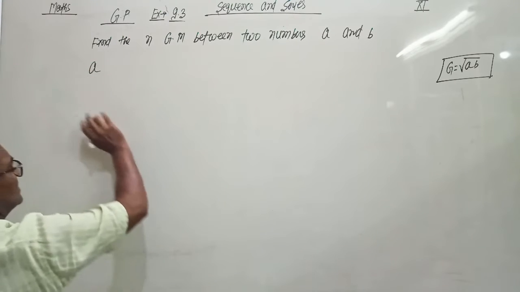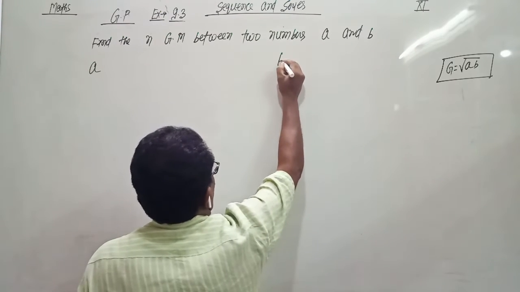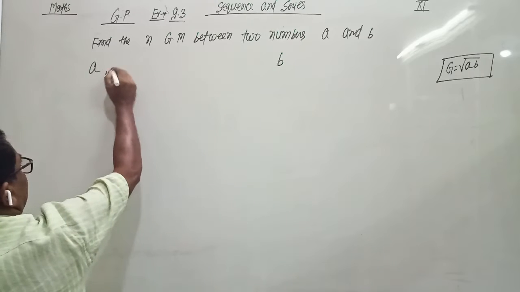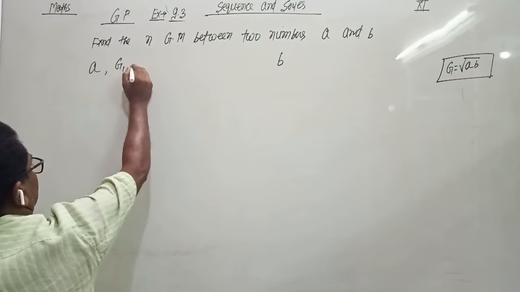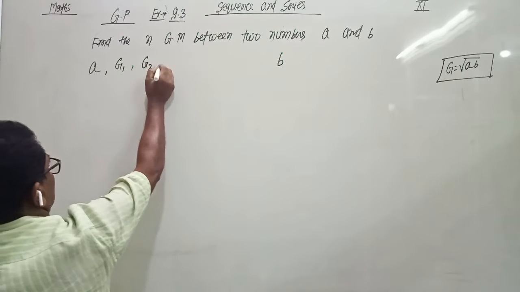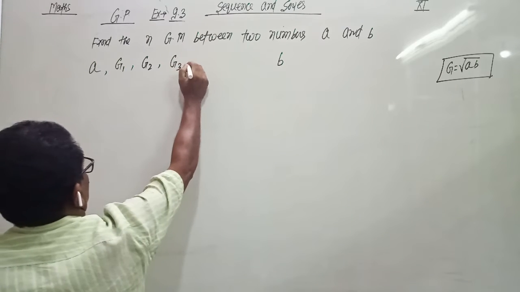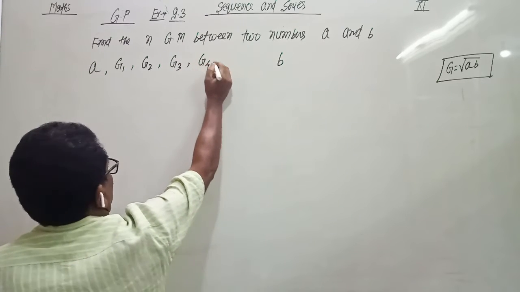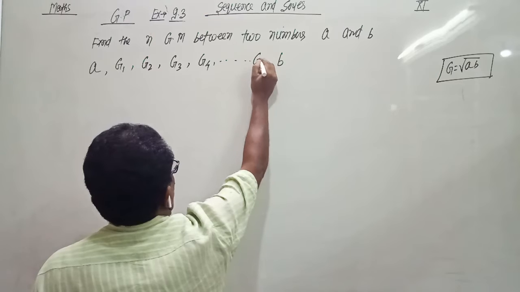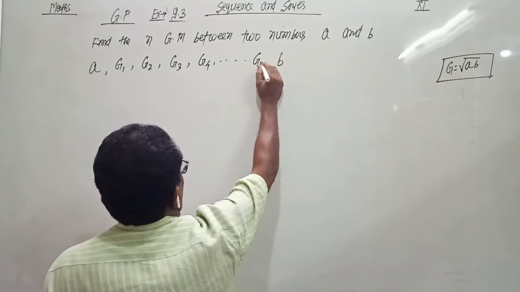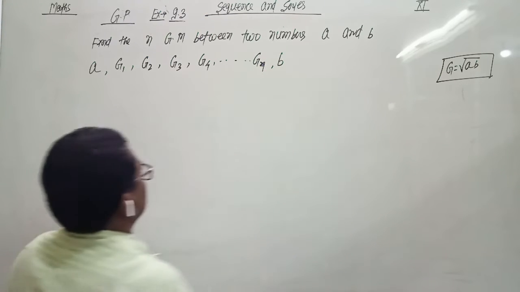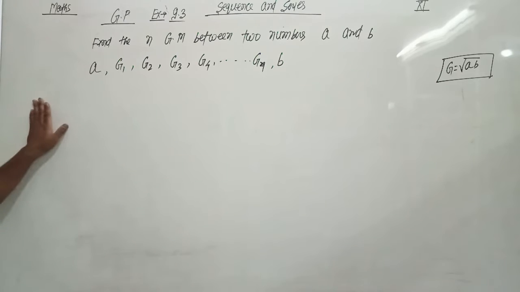So two numbers are A and B, and there are n geometric means between them: G1, G2, G3, G4, up to Gn. There are a total of n geometric means between two numbers A and B.